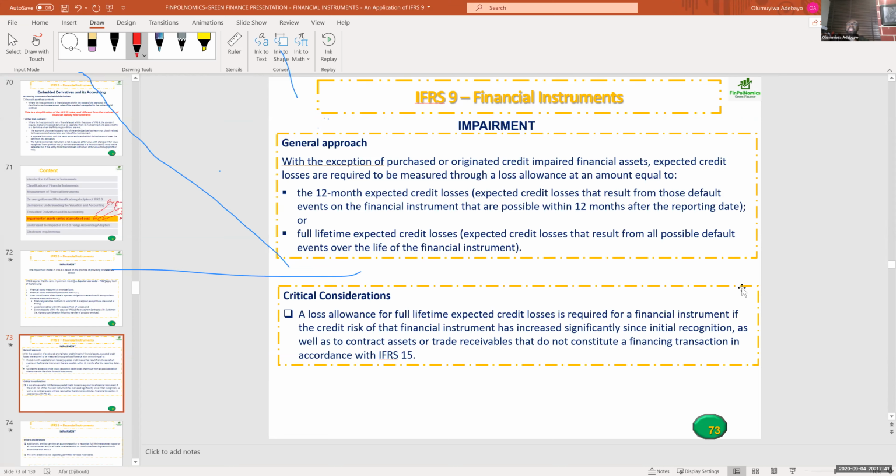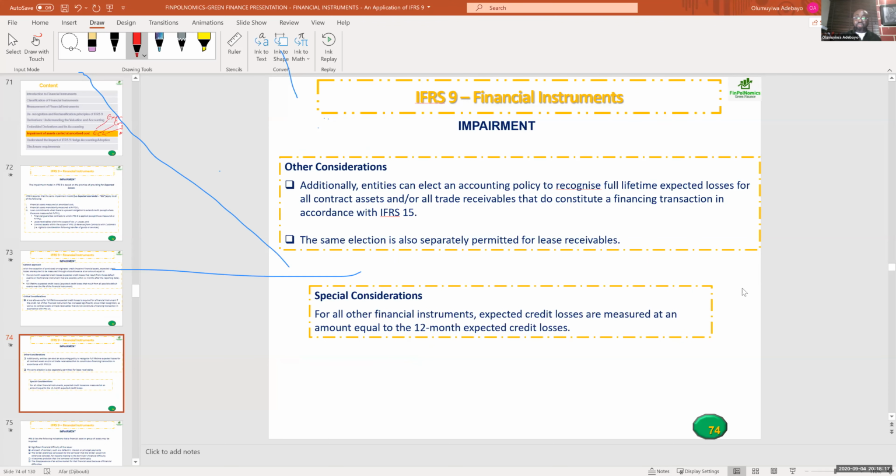What matters is that the ant is dead, not the means by which you kill it. Why will I exert more energy in doing something that is little? And that's what the simplified approach is saying. It says if it is practically expedient to use a simplified approach, then use a simplified approach rather than a general approach. But by the time I take you through the general approach, you will understand the rationale why a simplified approach was created.